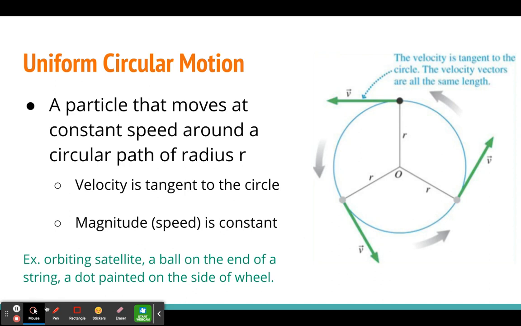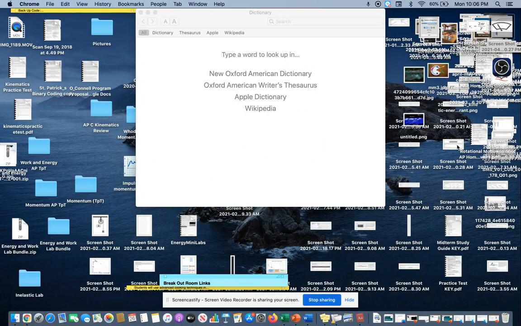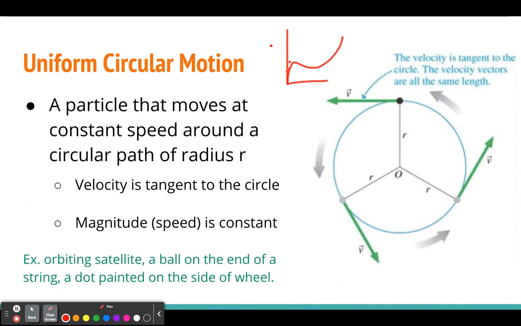So what that means, tangent, as we draw tangent lines on our curvatures to determine, let's say this is a position versus time graph.